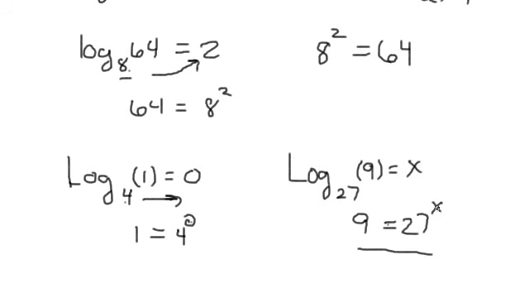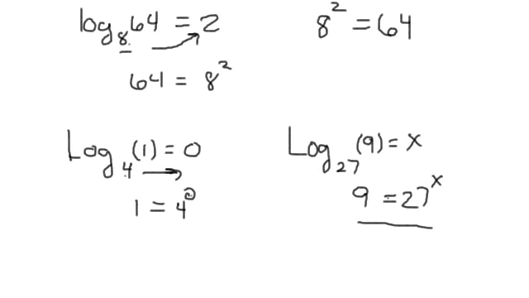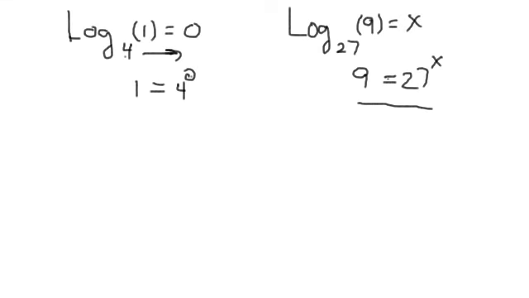We can solve for x in this problem algebraically. However, we're not going to have that luxury every time, and sometimes it'll be faster doing it a different way, and that is using logs. Let's look at some more examples of converting from exponential to logarithmic.